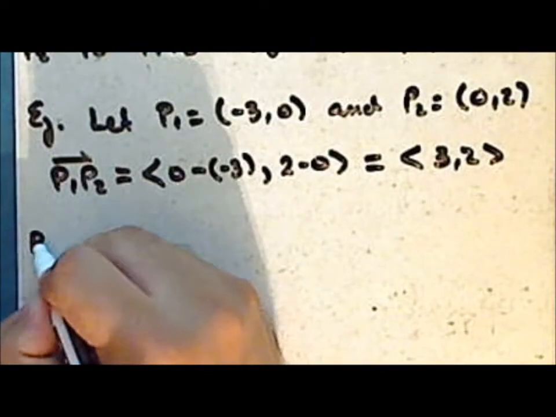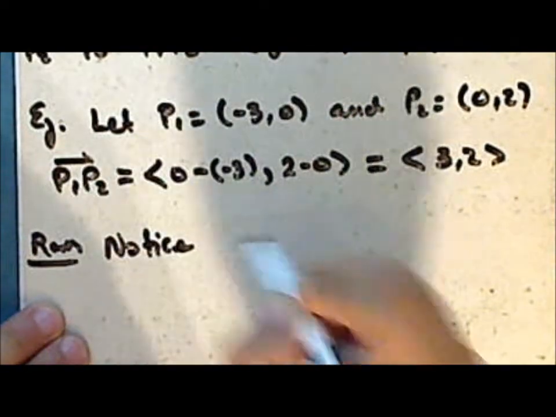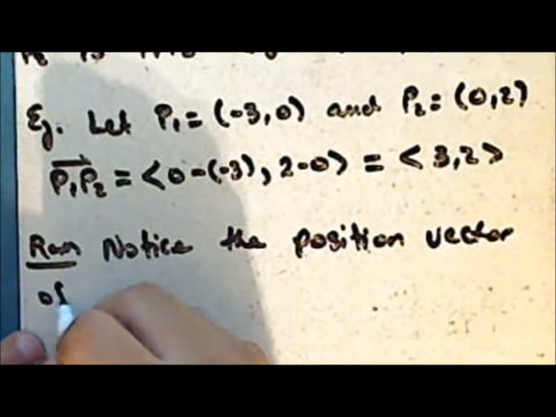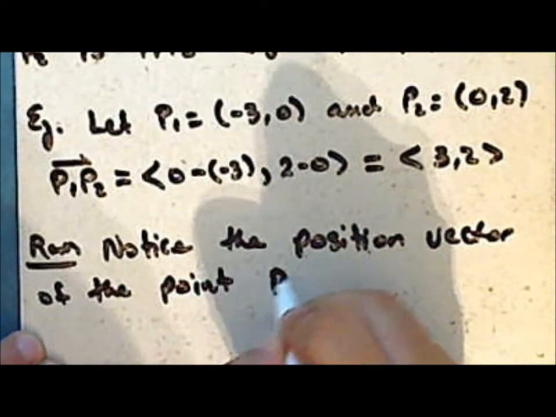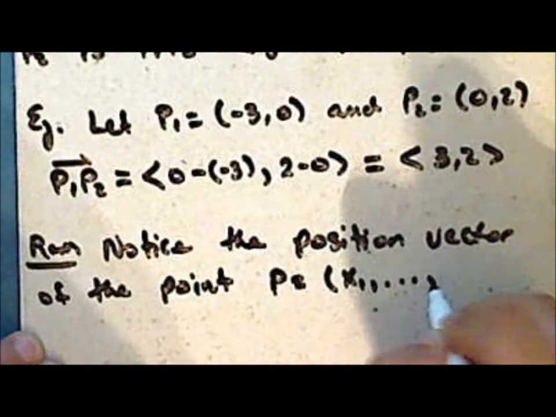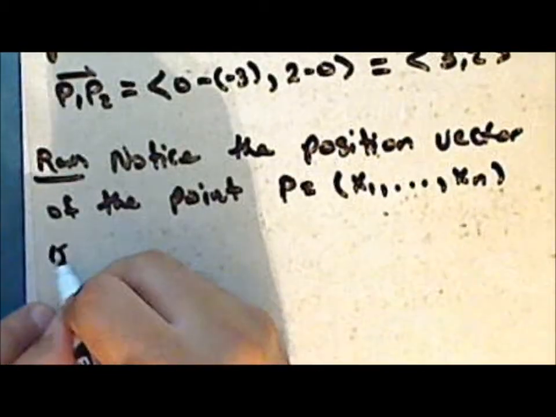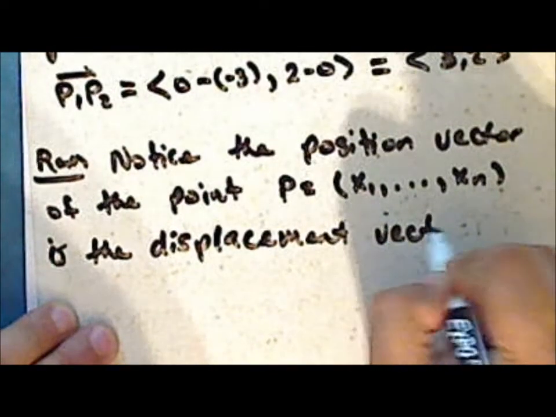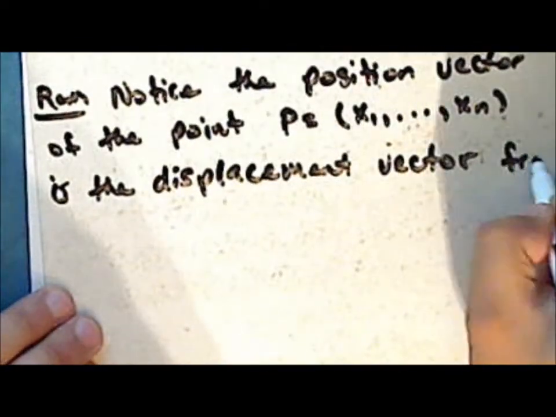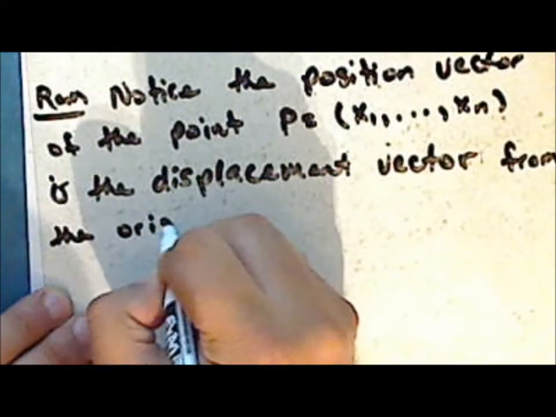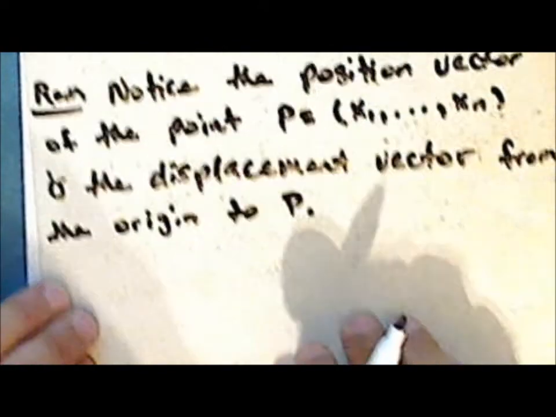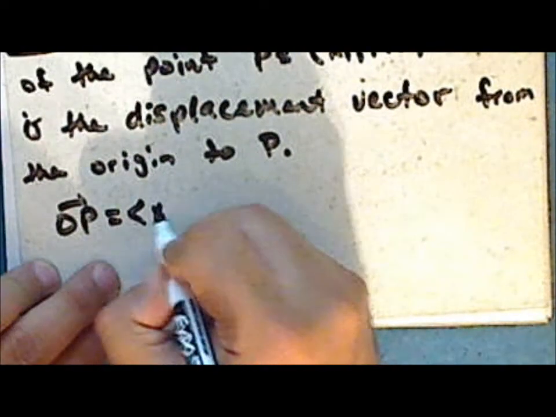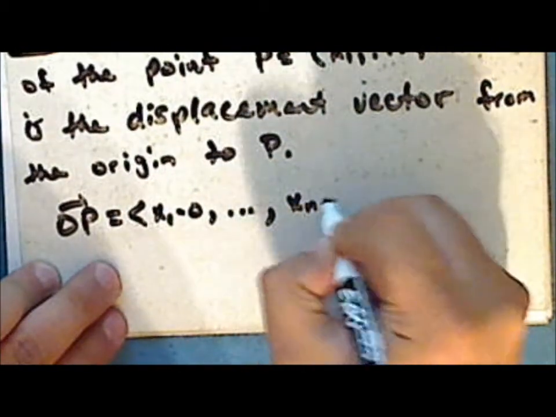So notice that the position vector of the point P, having coordinates x sub 1 through x sub n, is the displacement vector from the origin to the point P. So we have the displacement vector from the origin to the point P, and this is x sub 1 minus 0, and so on, up to x sub n minus 0.